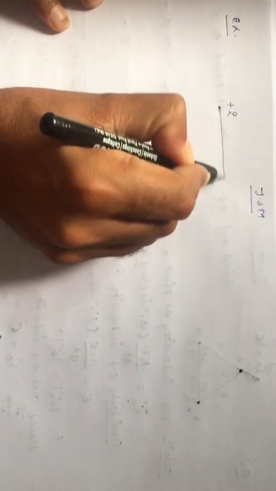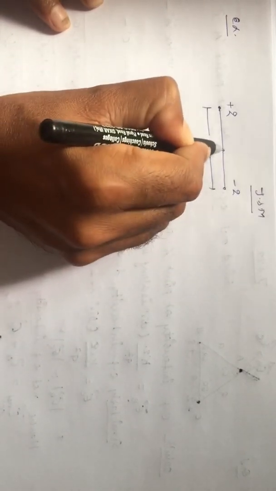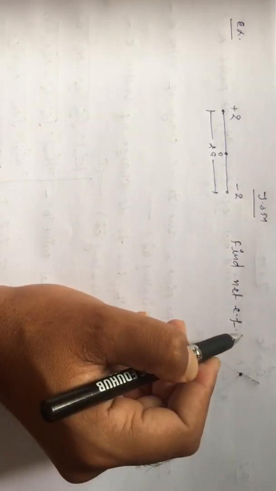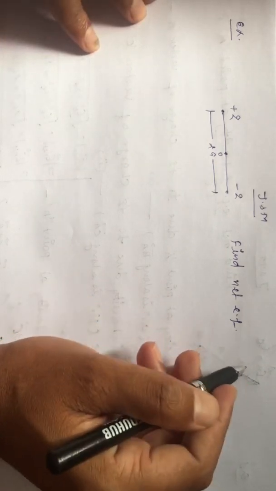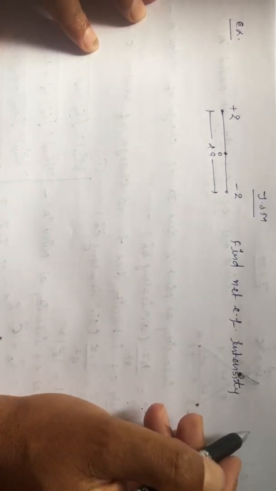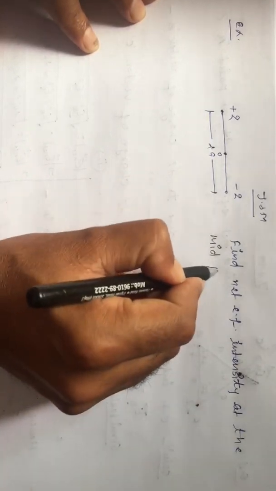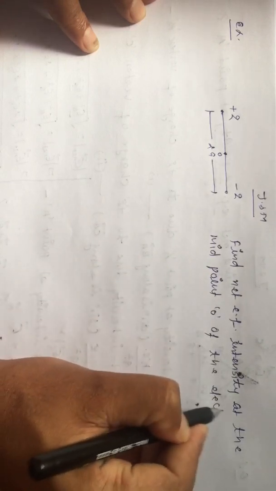Suppose students, this is plus q charge, this is minus q charge, the distance between them is 2a, and its midpoint is O. Find the net electric field intensity at the midpoint O of the electric dipole.